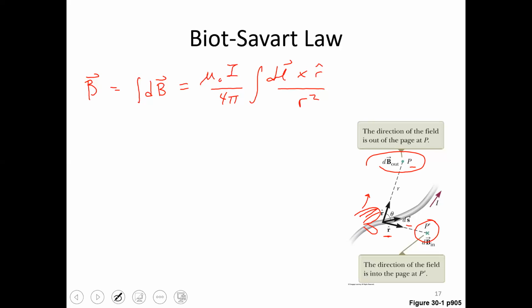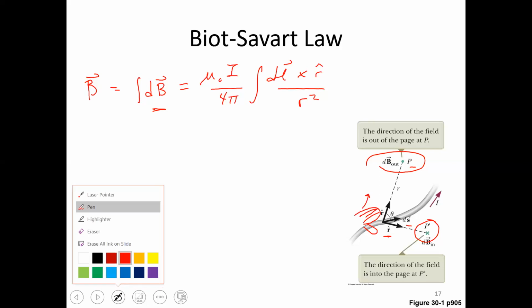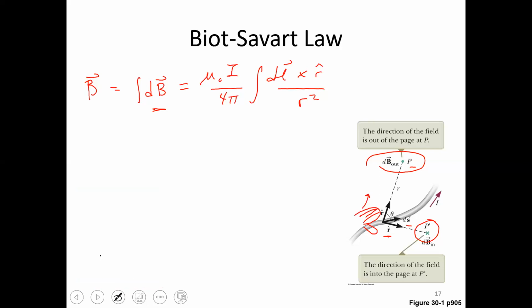So for the Biot-Savart law, the little bits of magnetic field are due only and entirely to the current element that we're considering. And the current element that we're considering here that is creating this dB is that current through a little length we call dl, or ds in your book.